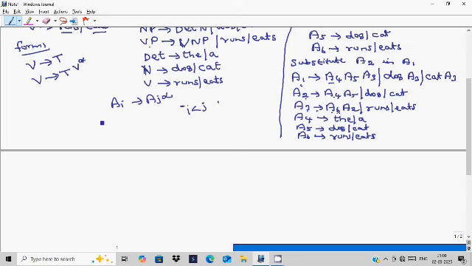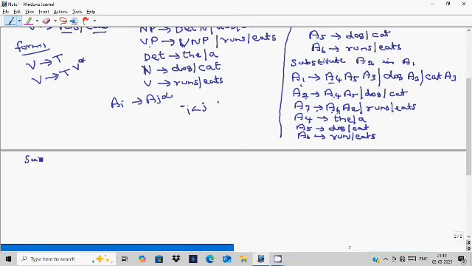Now first we will substitute this in A1. So substitute this A4 in A1. So when we substitute A4 in A1, we'll just change this color so that we can make a differentiation.